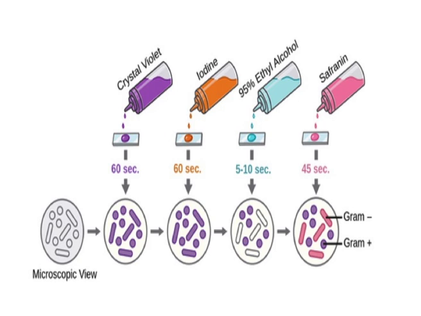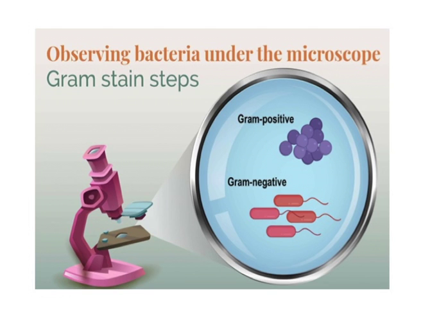First of all we use crystal violet, next it is treated with iodine, then with 95% alcohol or acetone, and finally the stained slide is treated with safranin. Then the slide is observed under the microscope, and we find two types of bacteria, one purple in color and the other red. Purple color indicates gram positive bacteria, and red color indicates gram negative.